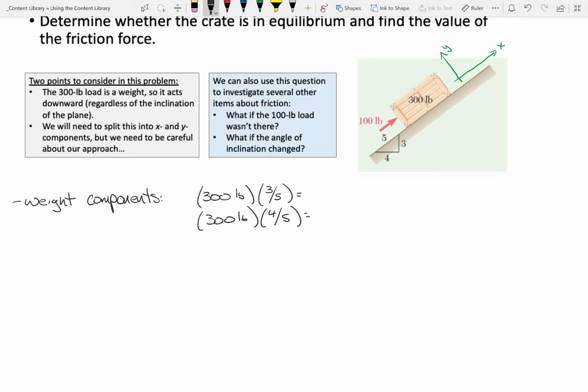So I hope you'll permit me to just tell you that's 180 and that's 240. All right, sound good? Now let's do a free body diagram.